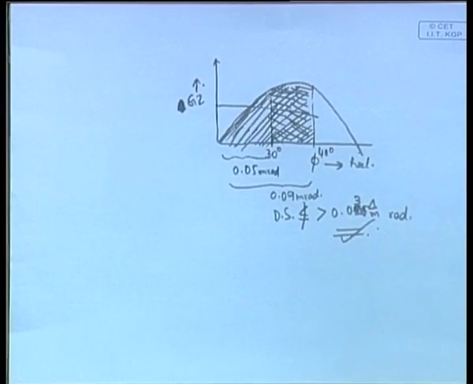So clearly, this is the IMO rule for passenger vessels. The rule is that when the ship heels between 0 and 30 degrees, the area under the GZ phi curve should be greater than 0.03 meter radians, and if it heels between 0 and 40 degrees it should be at least 0.09 meter radians.